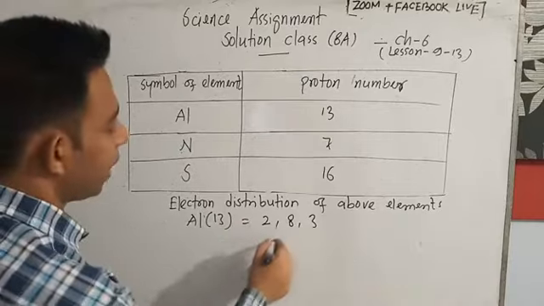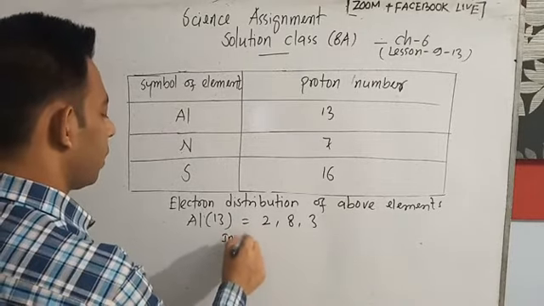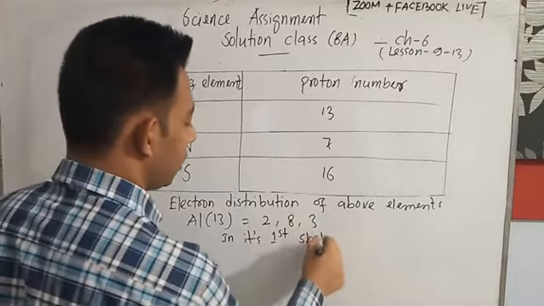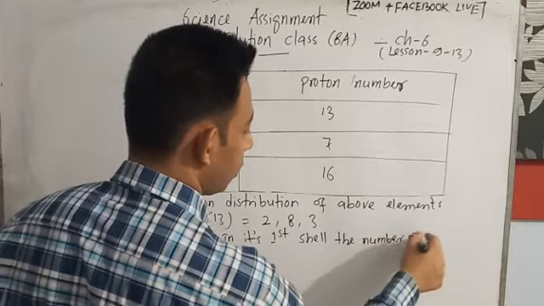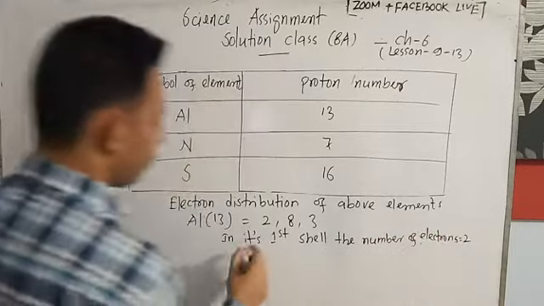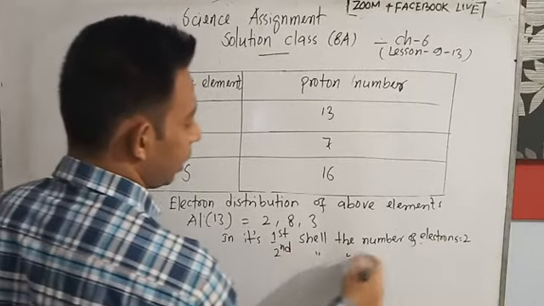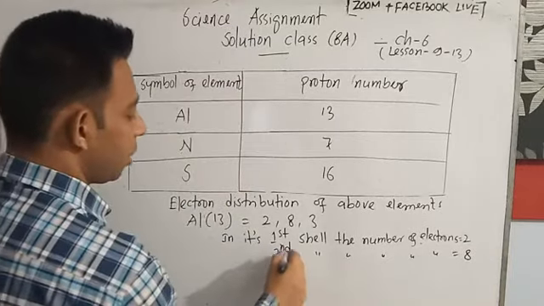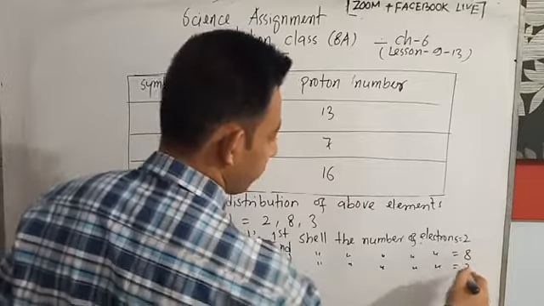Then some explanation: in its first shell the number of electrons is 2. In its second shell the number of electrons is 8. In its third shell the number of electrons is 3.